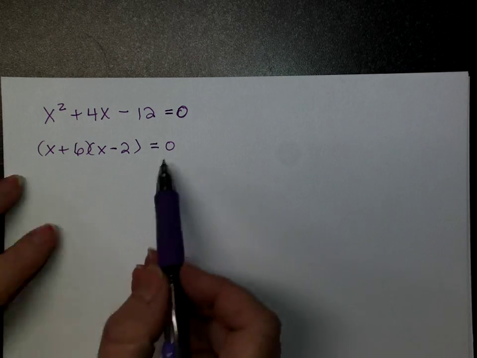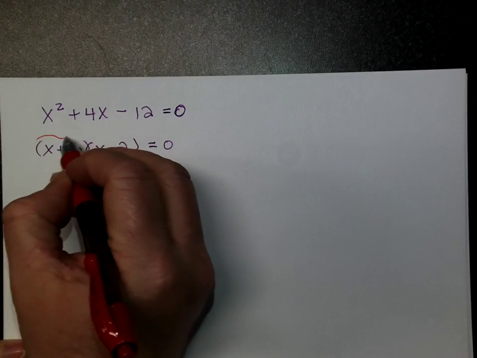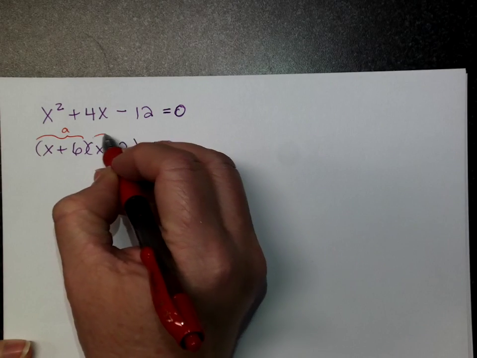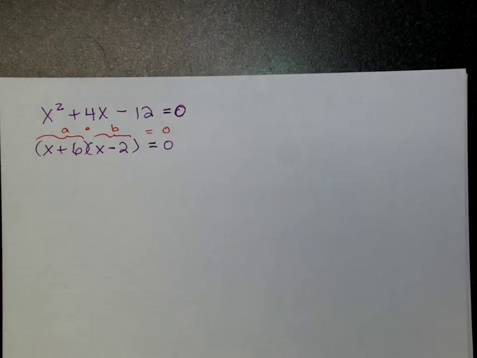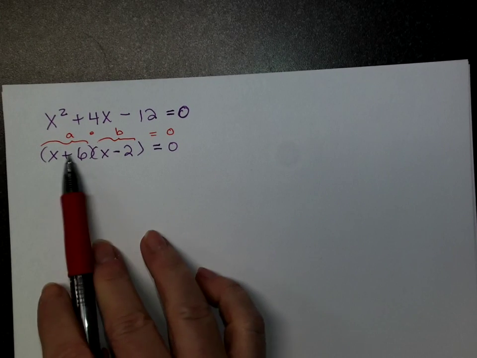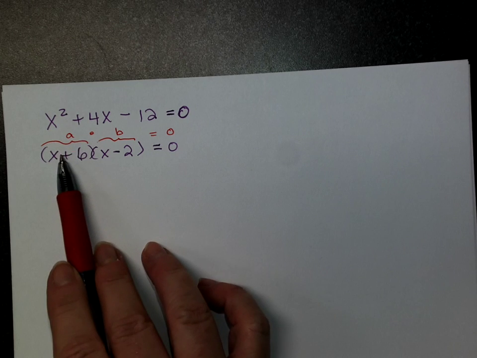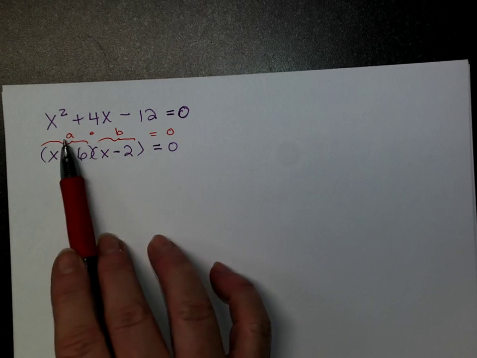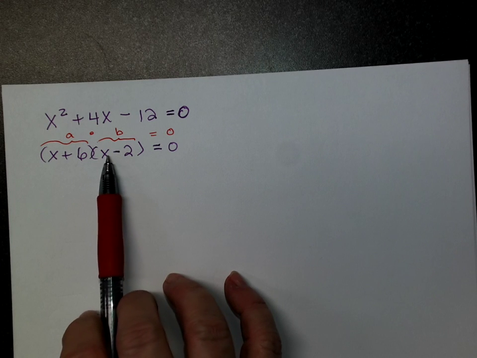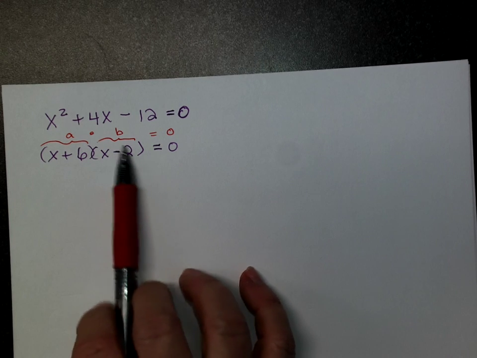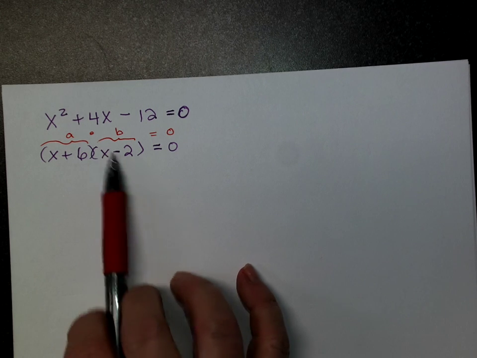The 0 factor property says in order for this to be true, equal to 0, then either our a factor is 0 or our b factor is 0. So either this factor is 0, so whatever x is, if it makes this factor 0, then it doesn't matter what this is, 0 times this will equal 0. If I choose an x that makes this factor equal 0, you see how 2 minus 2, so x equals 2 would make it 0, then this would be 0.